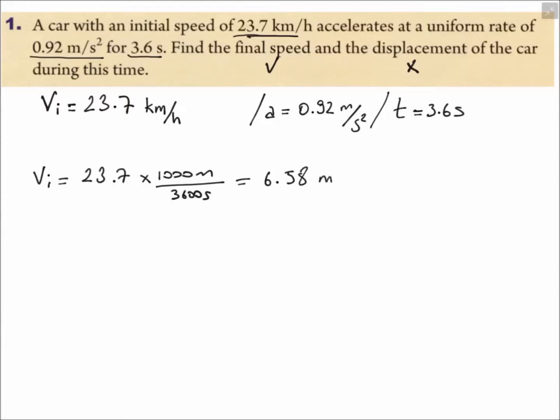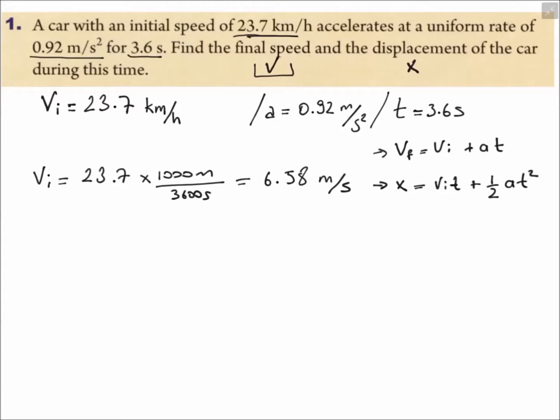So it's going to be 6.58 meters per second. And in the first case it's asking the final speed, that means v final, and we have a formula for the v final, which is v final equals v initial plus acceleration multiplied by the time. And it's asking x, the formula of the x is equal to v initial times t plus half a t squared.